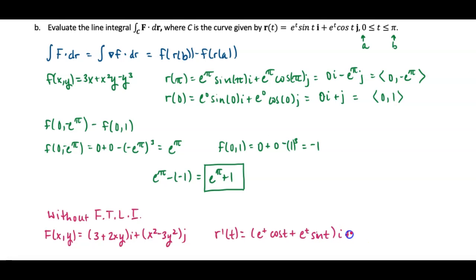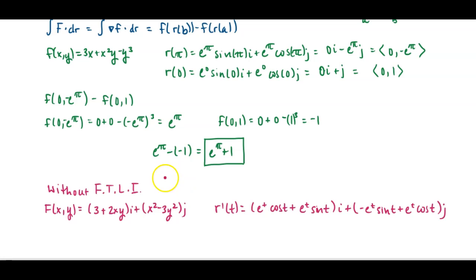So that's our i component. And then our j component would be, again using the product rule, a negative e to the t sine of t plus e to the t cosine of t, j.